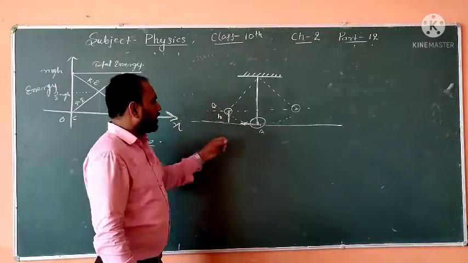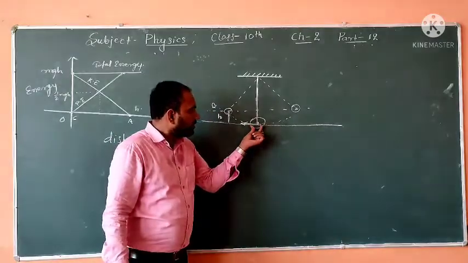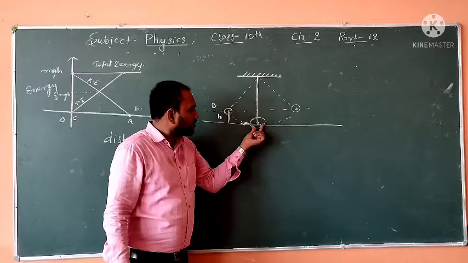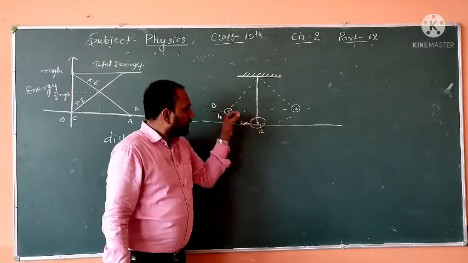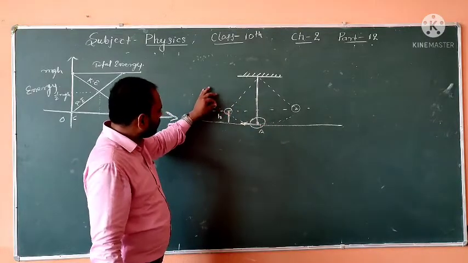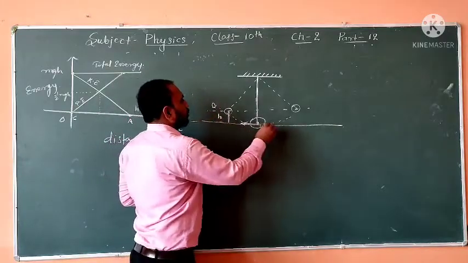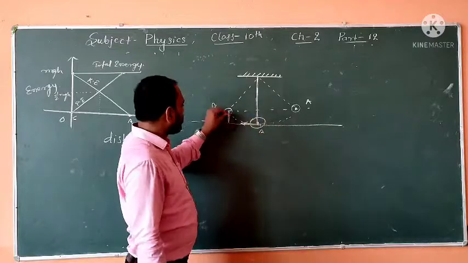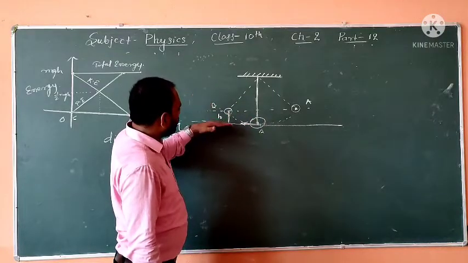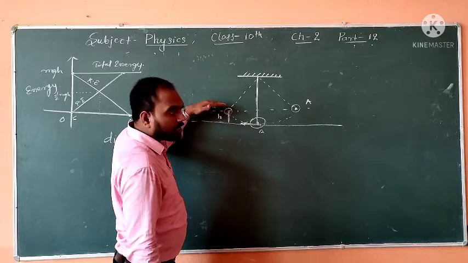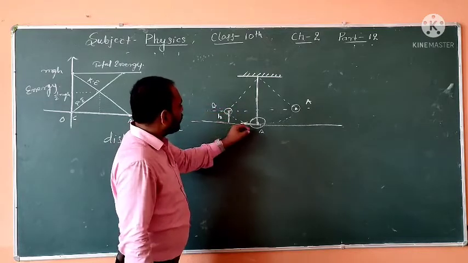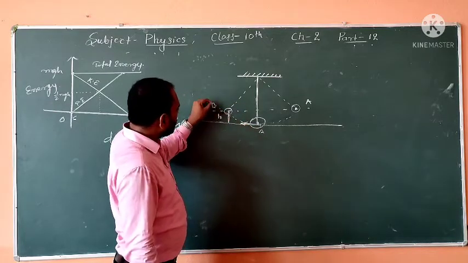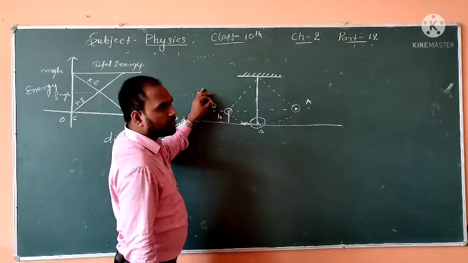If the body is here, there is no kinetic energy, no potential energy. If you pull this body to point B, it will rise above by h, so there will be an increase in potential energy.